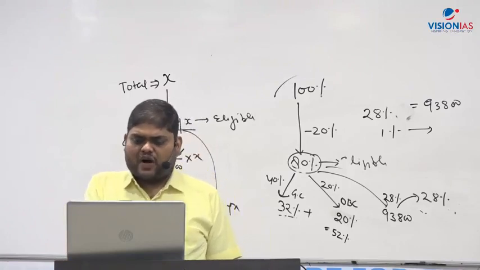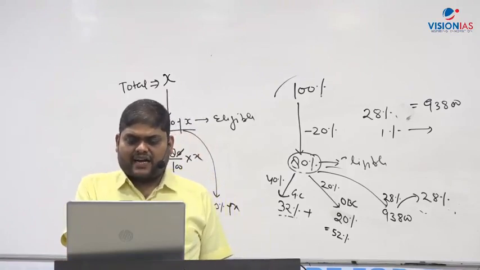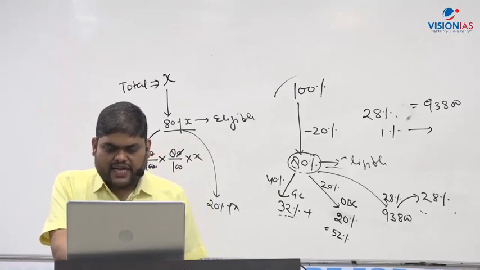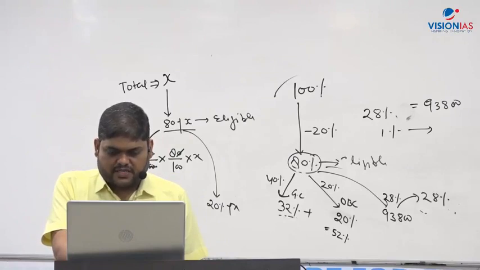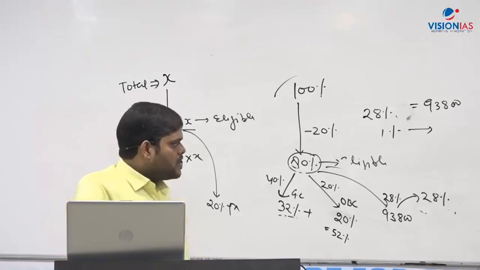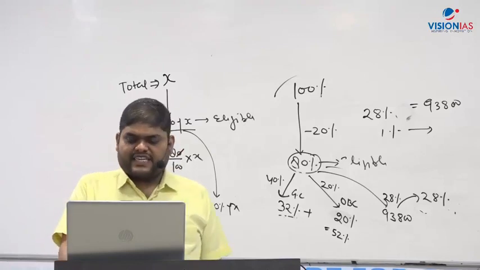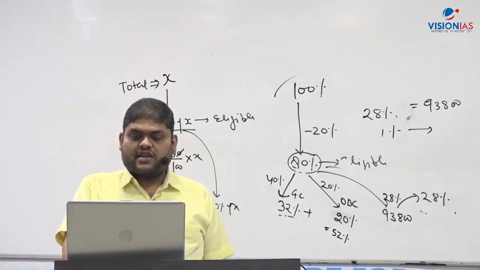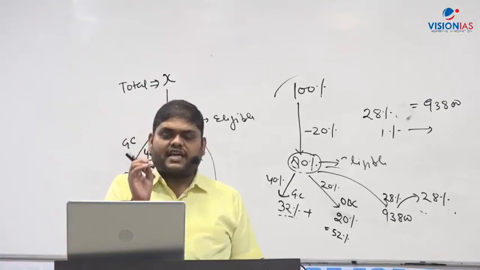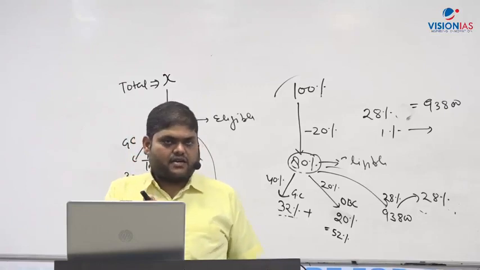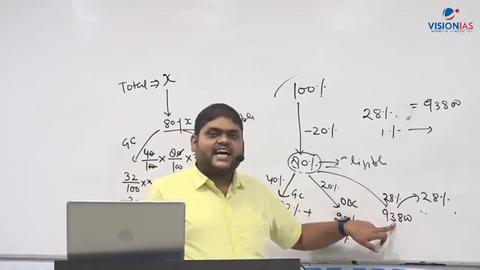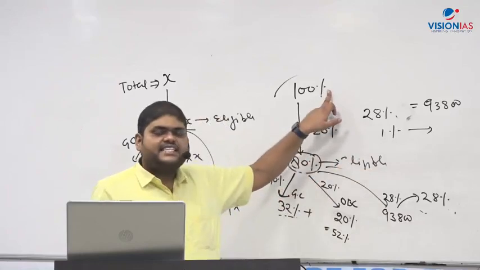Okay, we can do one thing. Someone asks, sir, SC should not be 48% because we are taking 20% from 100%. If you read the question very carefully, what is written in the question? If 93,800 eligible candidates, they are talking about eligible candidates, not the total candidates.